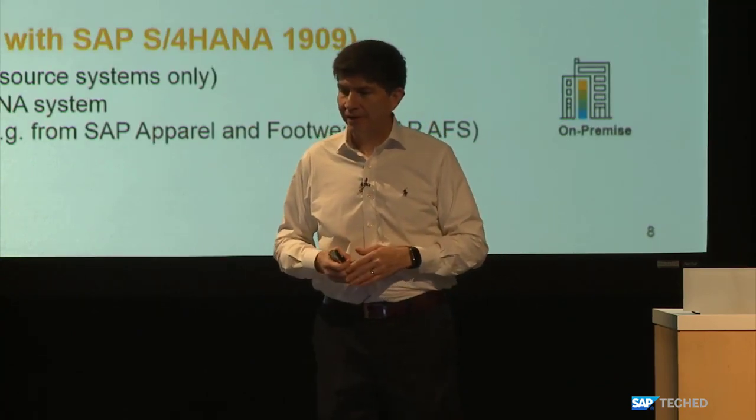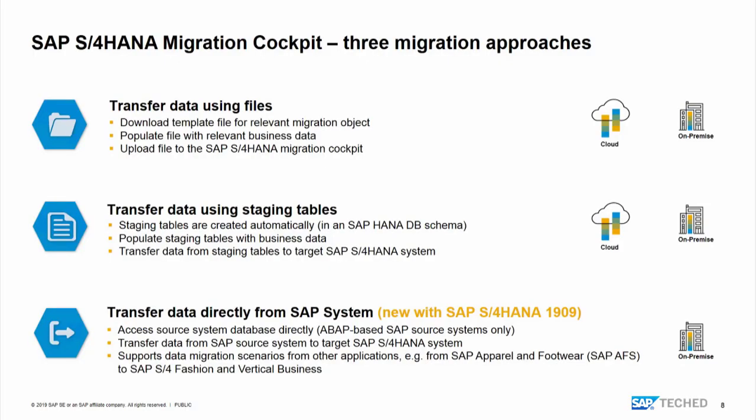Now, if I look into the different approaches as it comes to migration, the Migration Cockpit allows our customers looking to transition into S4 3 different methods. The first one, which is what we have been seeing most used in public cloud deployments, is the transfer data using files.